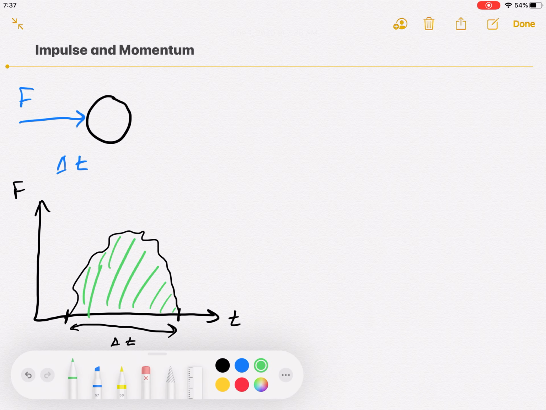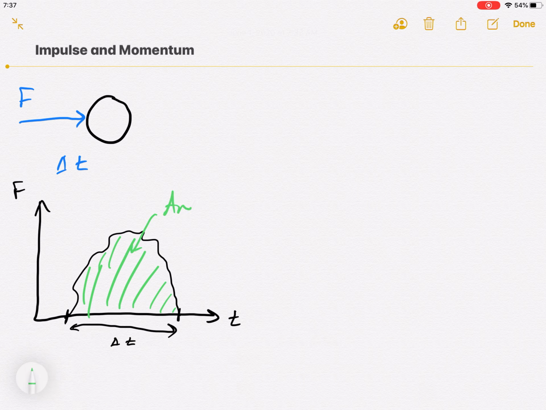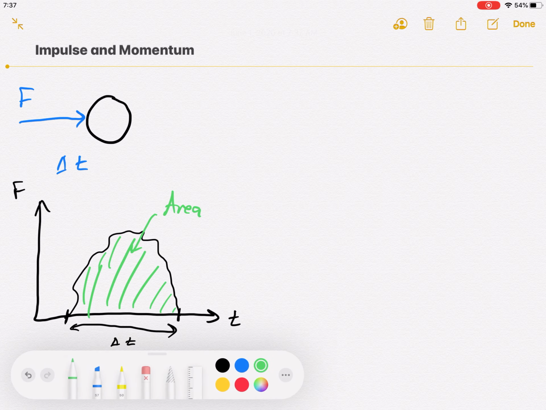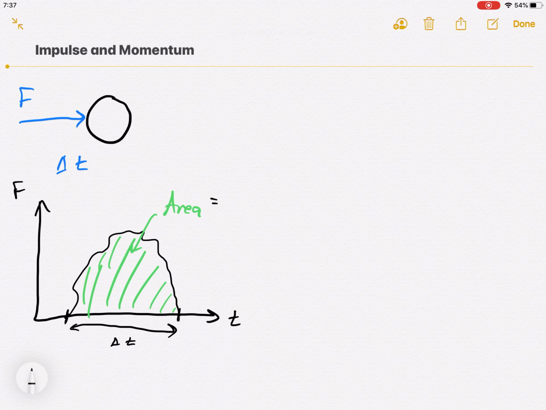All right, so we could say, the area under that curve is something that we define as impulse. We use a capital J for that variable.